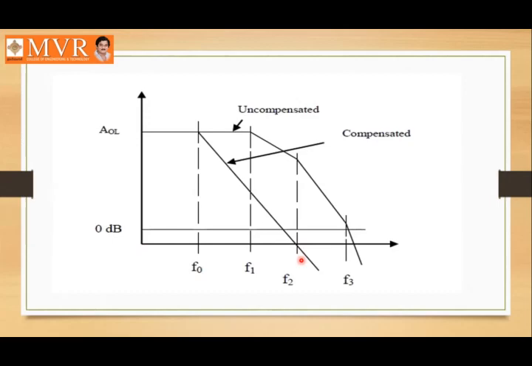And by this, we are going to select the resistance values. Here we have two resistance values, R1 and R2, which we have considered here.